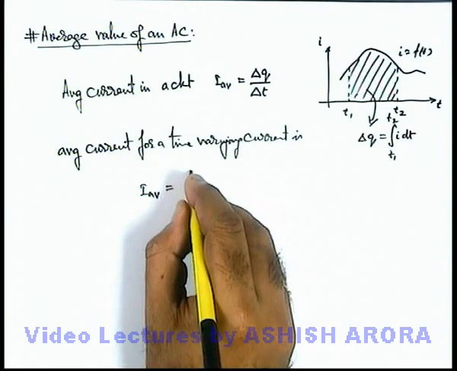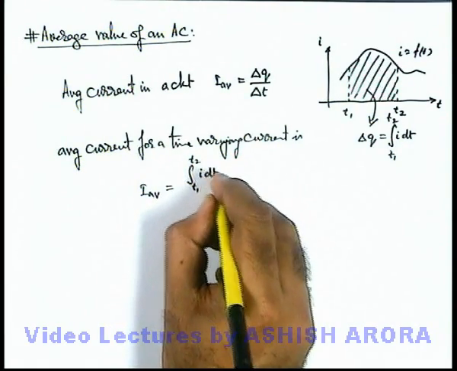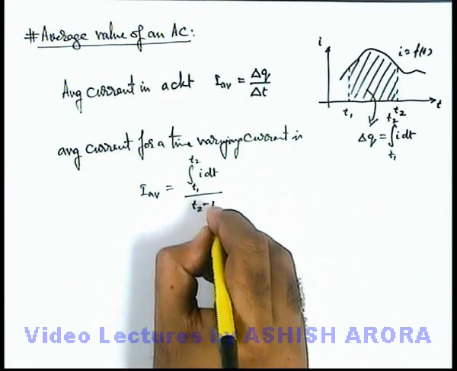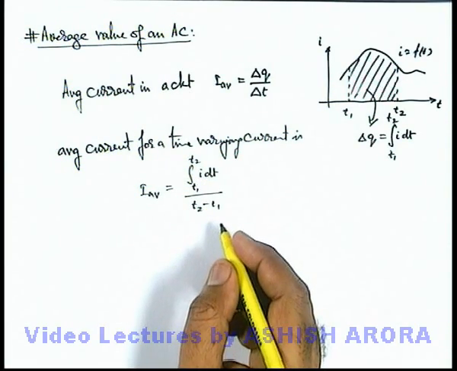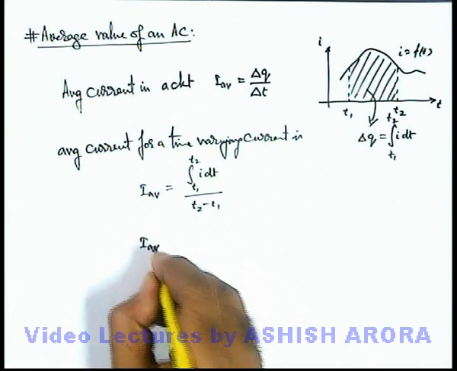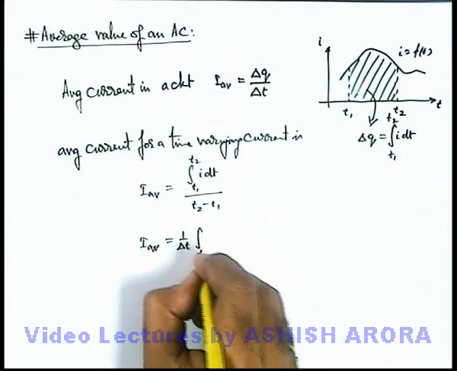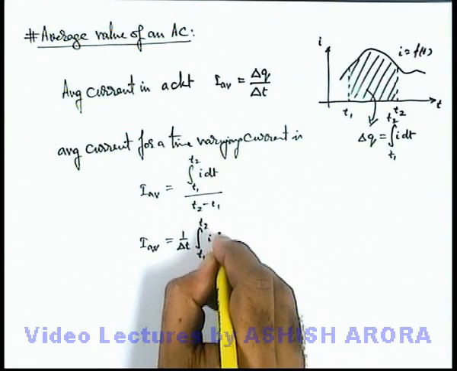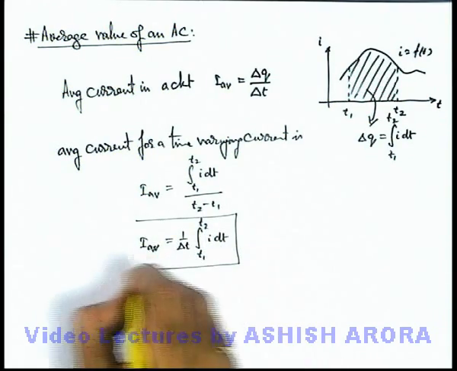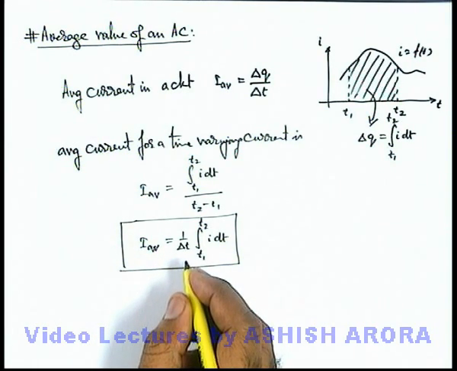This we can write as integration from t1 to t2 I dt divided by t2 minus t1. This is delta q by delta t. So this is the way we define the average value for any current. We can write it as 1 by delta t integration from t1 to t2 I dt. This is the way by which we can calculate the average current for any circuit.